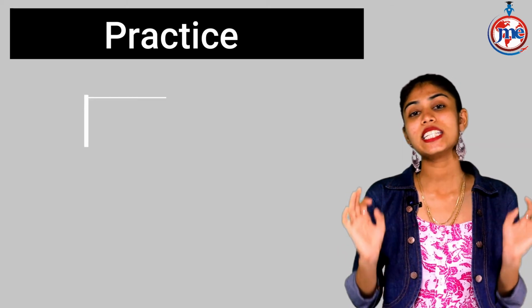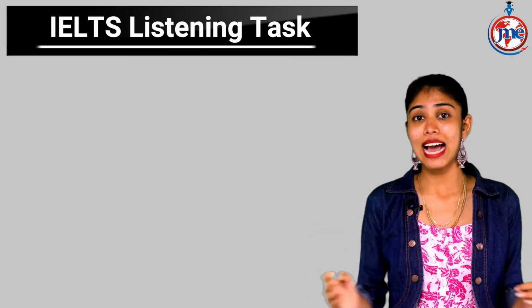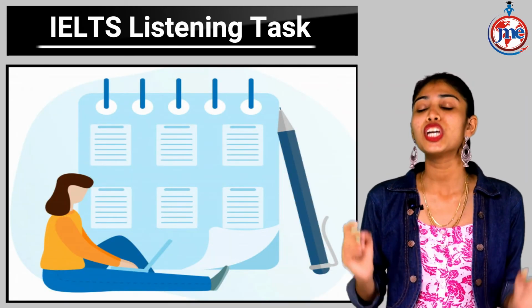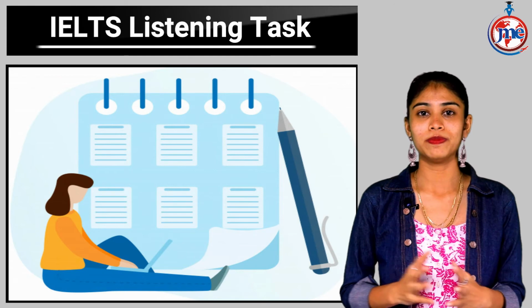Now, at last, I would like to say something about practice. Practice is very much important. Now, in your IELTS listening task, you have to do strategic practice to get a good band score. And if you do good practice in the right way, then it will be quite easy for you to get good band scores.